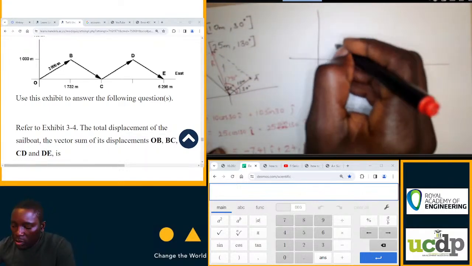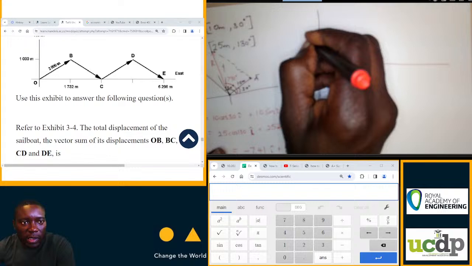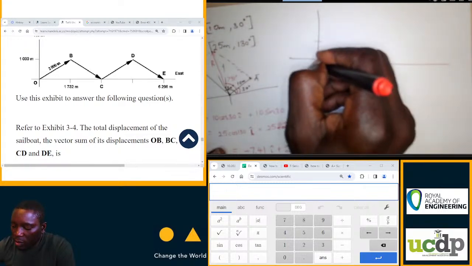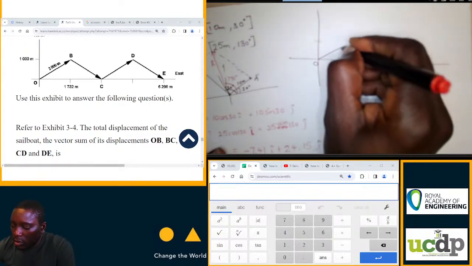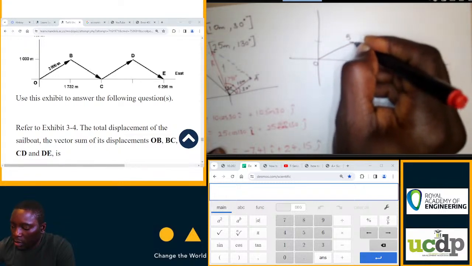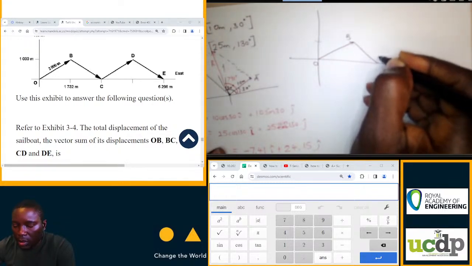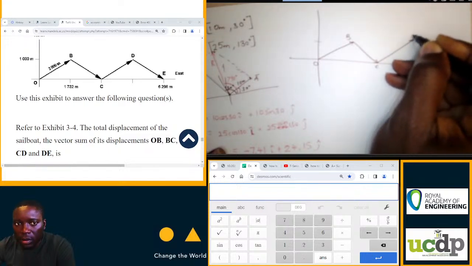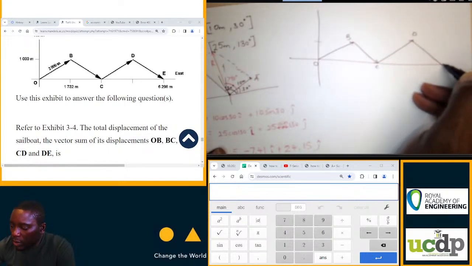So we are told that displacement from O, we have B, then B to C, C to D, and D finally to E.